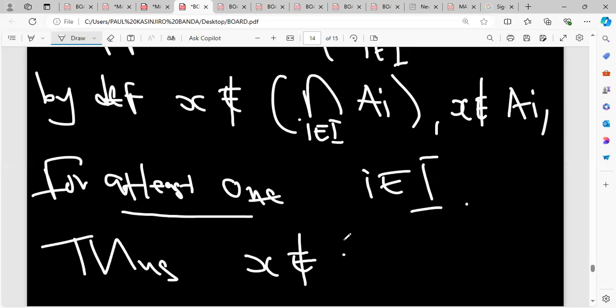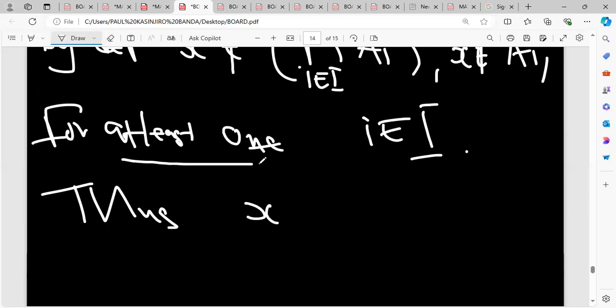What was I explaining? I'm confused. Let me follow it. If X is not a member of this, this means that X is not a member of A_i for at least one i in this indexing set I. And then I'm saying thus X, here I have to put a member then, because there it was not a member.